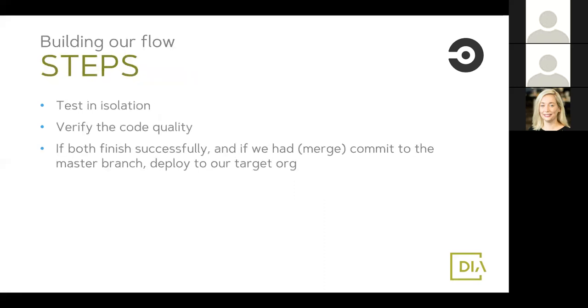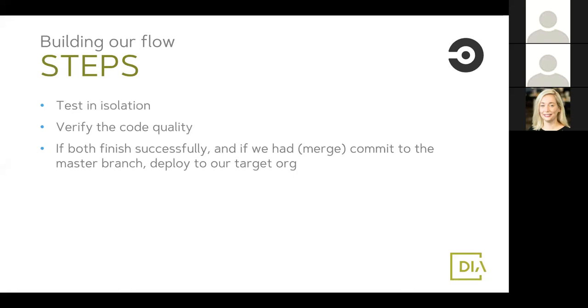And especially for the most important thing in your project, scratch orgs are just the thing to go, and that's testing in isolation. I want to build my project completely in isolation and see if my project itself is valid and will build properly. So that's one issue that I'm going to fix with my setup.